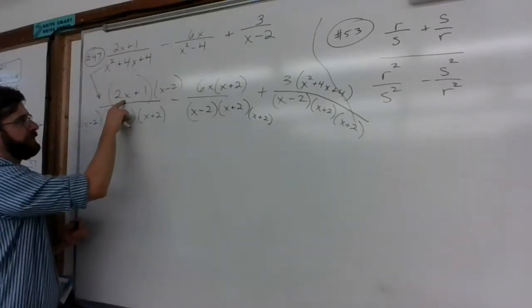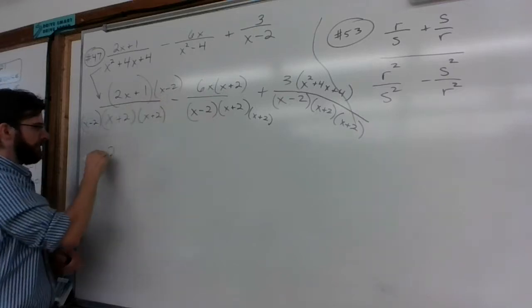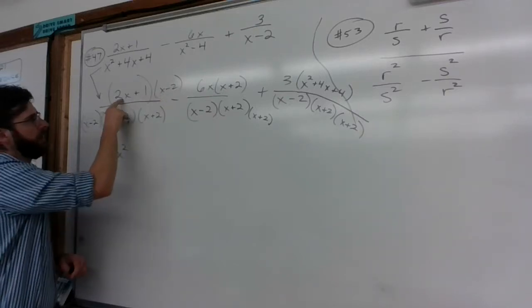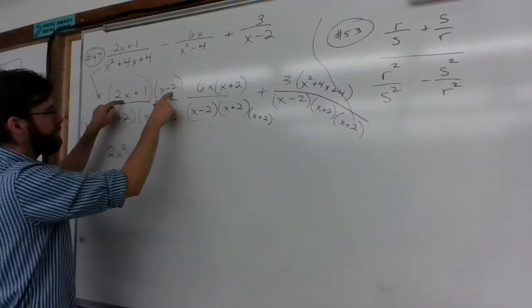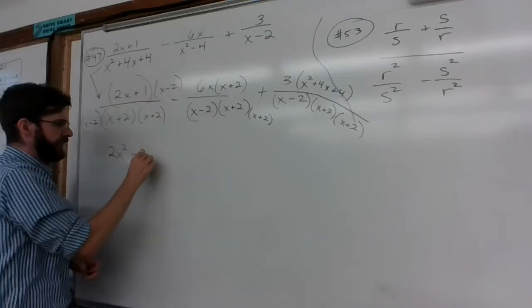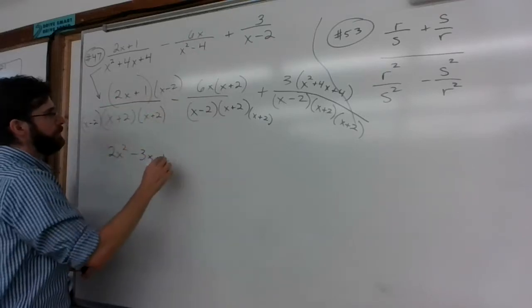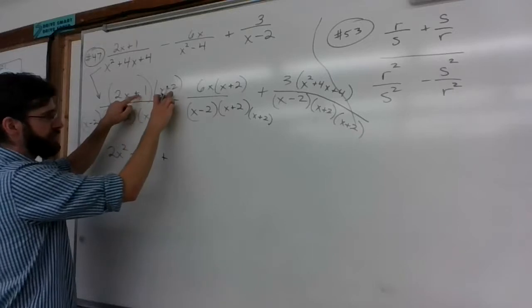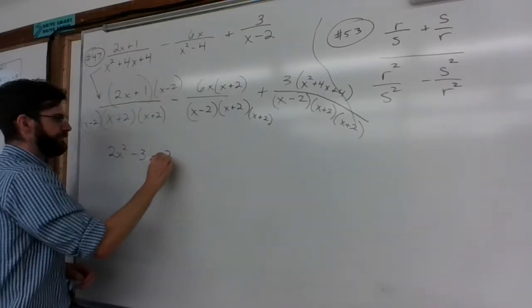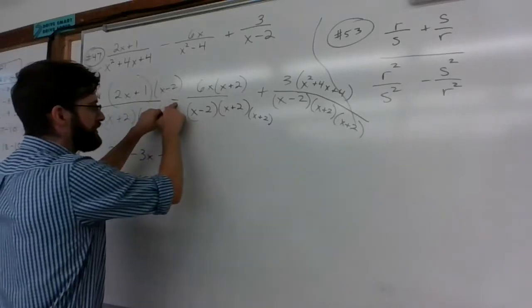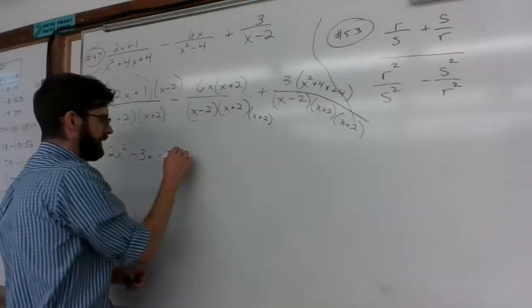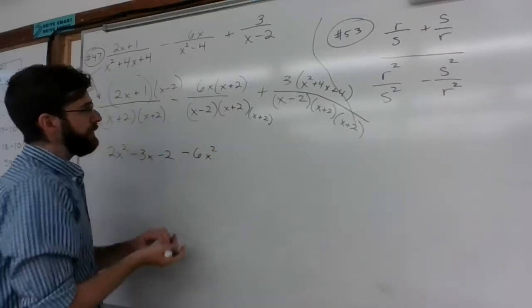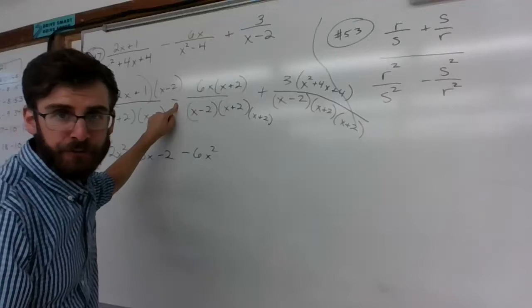This first one's going to be 2x squared minus 4x plus 1x. It's going to be minus 3x plus, well, minus 2. Okay. Minus 6x times x, 6x squared. And make sure you distribute that negative through twice.